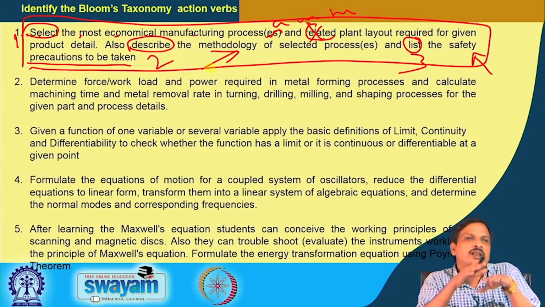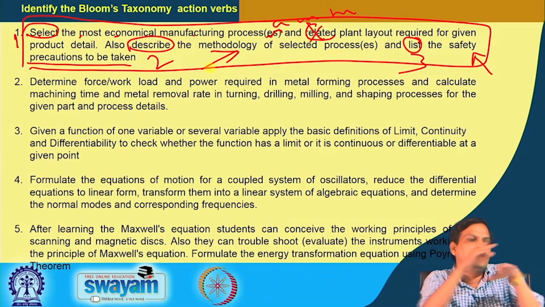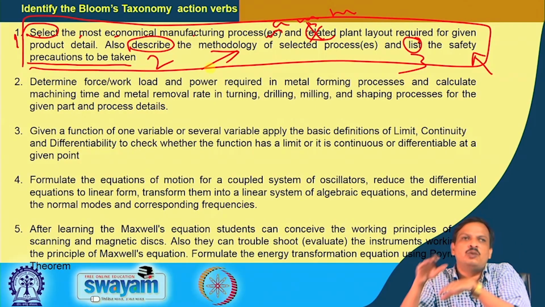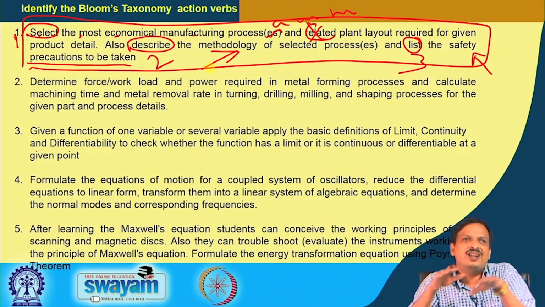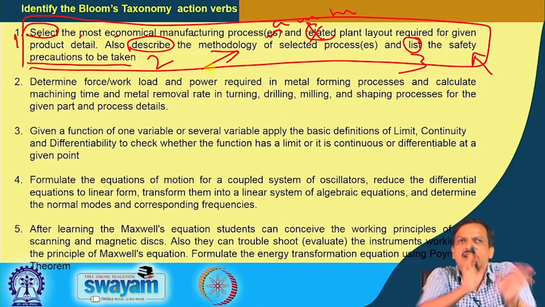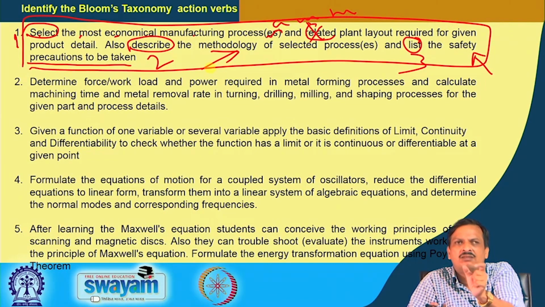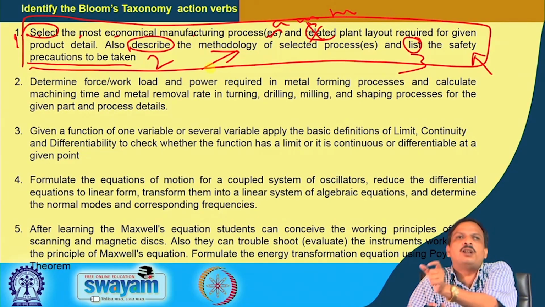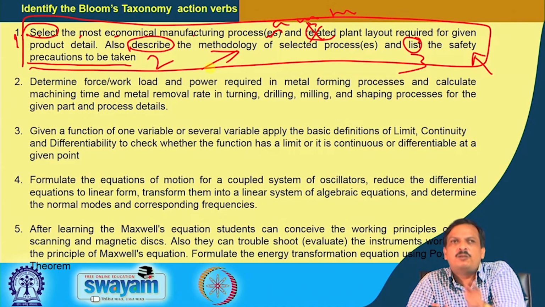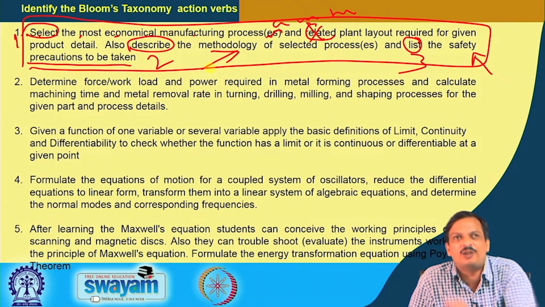Because in the book there may be written, if you choose this, it is economically viable, if you choose this, it is economically viable. So, a student can remember that passage and answer it. But if I say, I give you this product, select the most economical manufacturing process and justify your selection, then it becomes evaluation level.